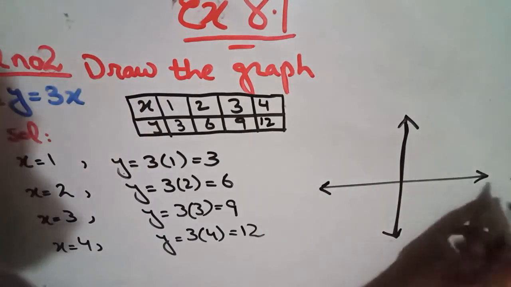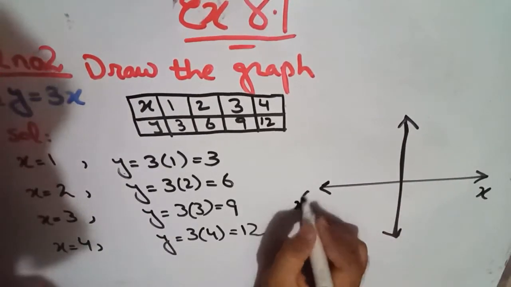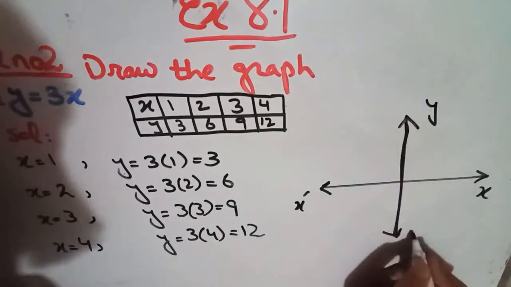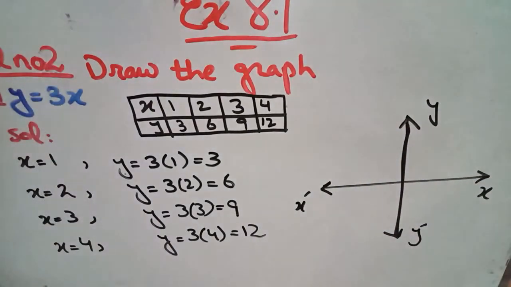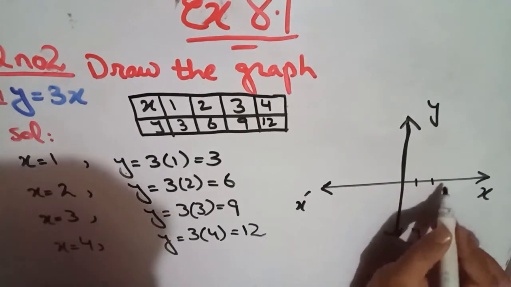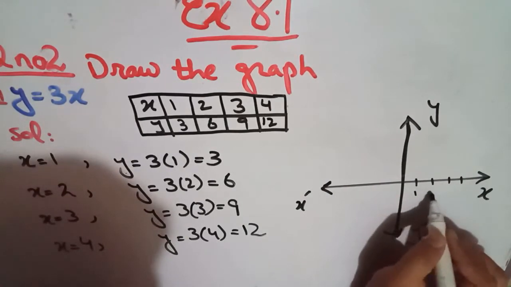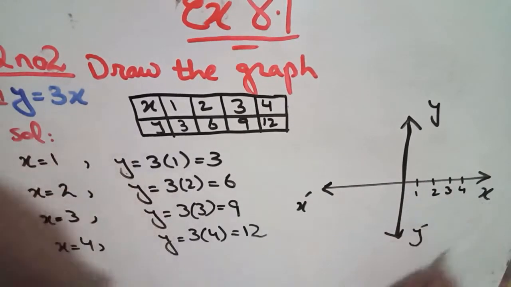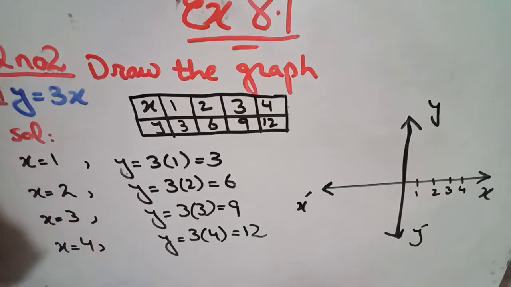Okay, now this is the x-axis, negative x-axis. This is the y-axis, negative y-axis. Now the value of x is 1, 2, 3 and 4. You can write 1, 2, 3, 4 on the graph. Also the value of y is up to 12.